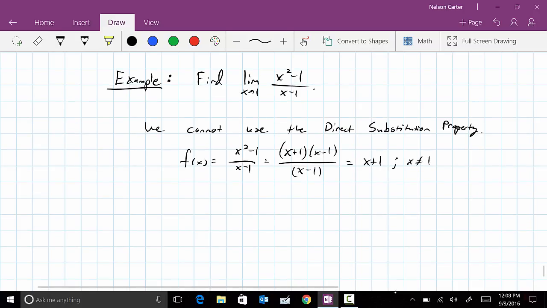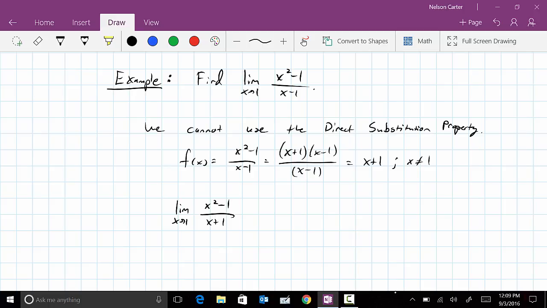So now we've got an alternative form for f of x. So now we could say this. We could say, well, wait a minute. We're taking a limit. We're trying to find the limit as x approaches 1 of x squared minus 1 over x minus 1. That's what we're looking for. But we can say we're inside of a limit. Because we're inside of a limit, remember, a limit doesn't care what happens at 1. It cares what happens around 1.